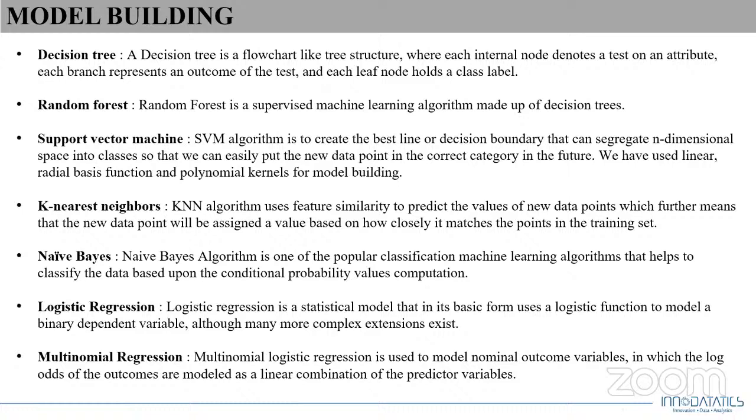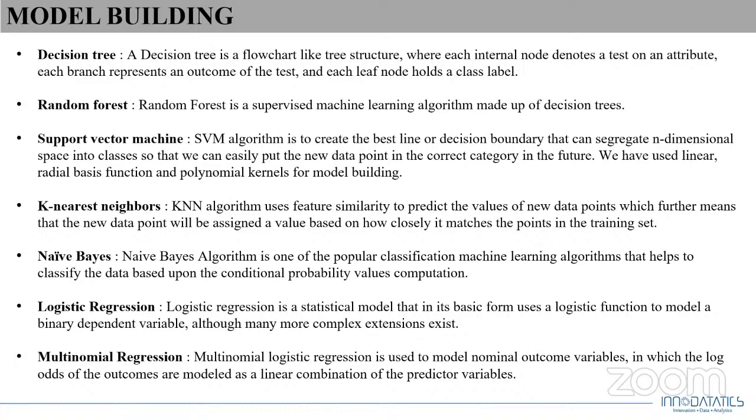Next slide. As this is a classification problem, we have chosen classification models. Here are a few of the models which we worked on. Decision tree classifies data into a tree-like structure where an internal node represents a test attribute, a branch represents a test outcome, and a leaf node represents a class label. Random forest is an ensemble model of decision trees.